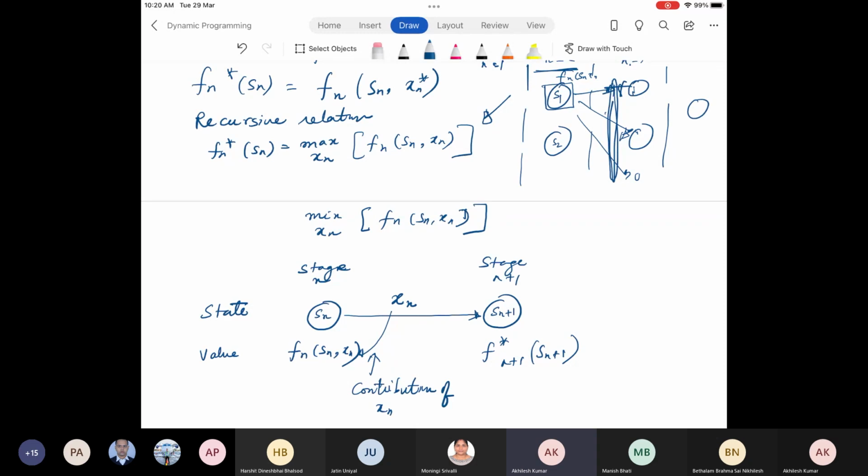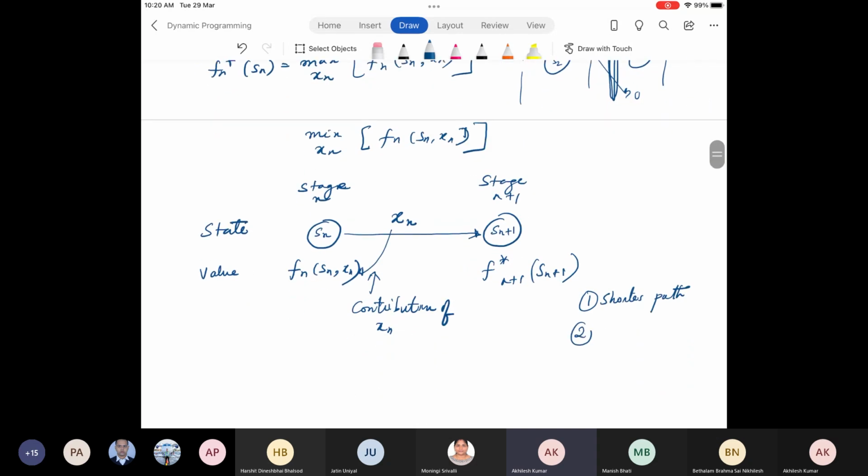Critical path is more of a project management language. In OR, we say shortest path. So we have seen one type of example, shortest path. As I said, in the study of dynamic programming, the recursive relation will change from problem to problem.